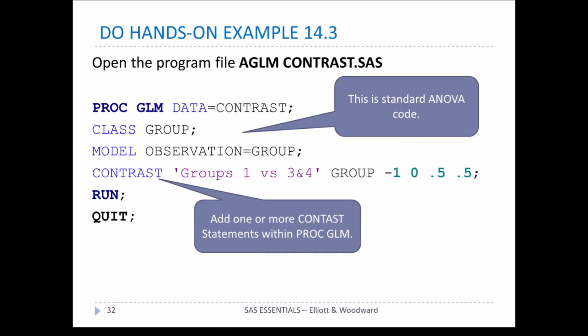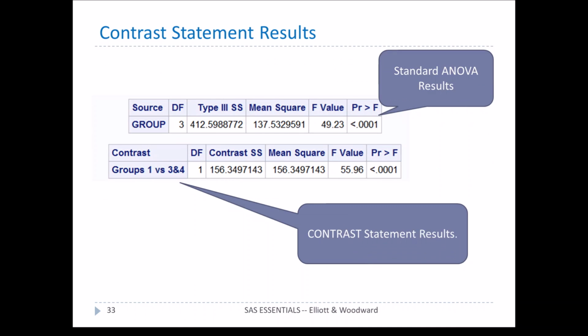Notice here we have group, that's our independent variable. And here are our contrast values, -1 corresponding to group 1, 0 corresponding to group 2 because it's not in the contrast, and then 0.5, 0.5 for 3 and 4 because we're going to combine those, and again add all that up and it adds to 0. So here are the results of this analysis. The first table gives us the overall type 3 sums of squares comparison where the p-value is less than 0.05.